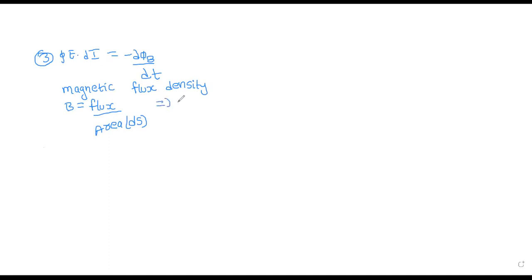Just now we have seen about the flux. Flux is nothing but B into area. If you talk about surface area, that is given by dS. So the total flux, phi B, is the integration of B into dS.